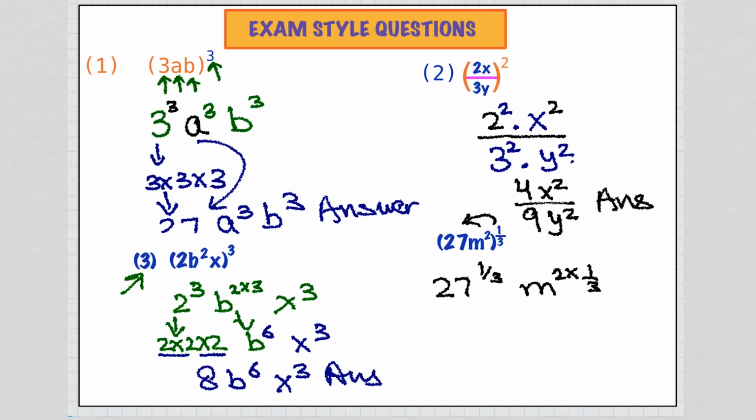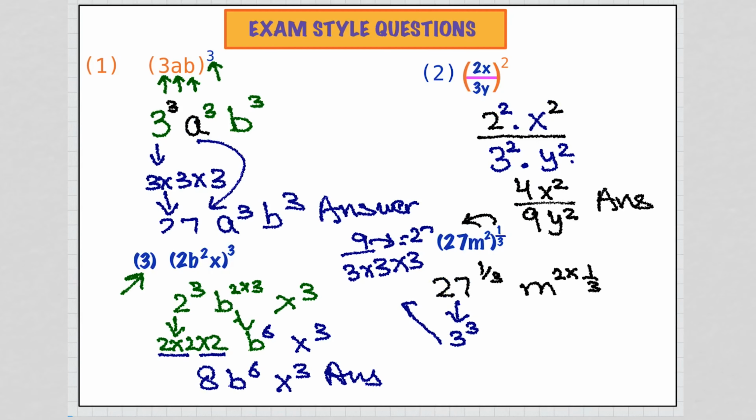Then in the next step, please pay full attention. In this one, I want to get rid of this 3 in the denominator. So what I can do, I know that 3 cube, which is 3 times 3 times 3, is 9, and 9 times 3 is 27.